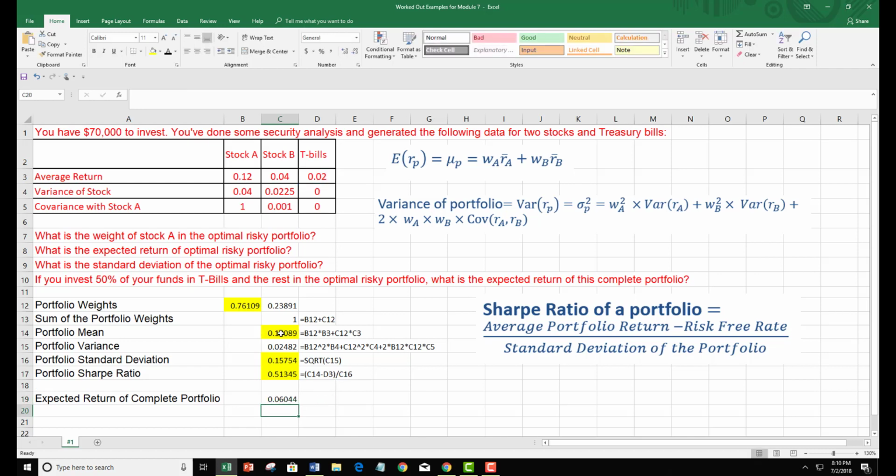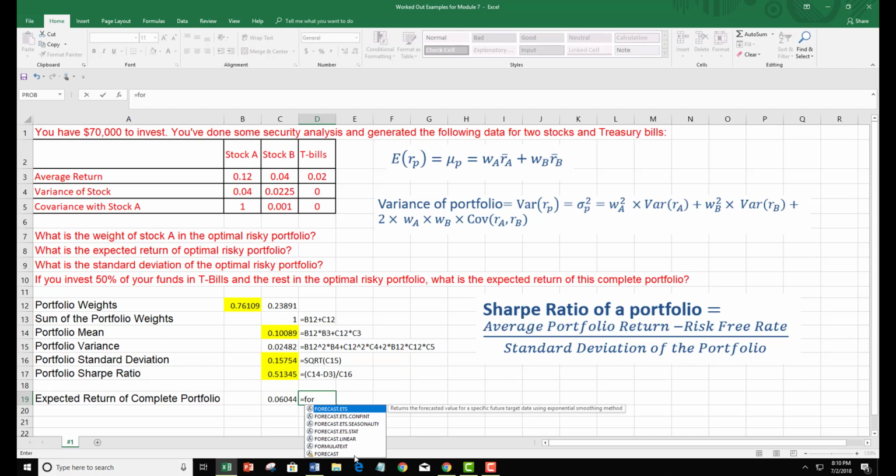So that gives us the average or expected return of the complete portfolio, and I can show you the formula right here, and this is how you can do this problem.